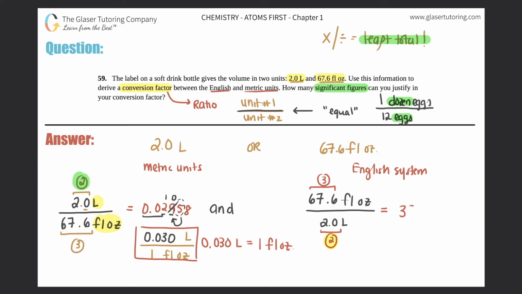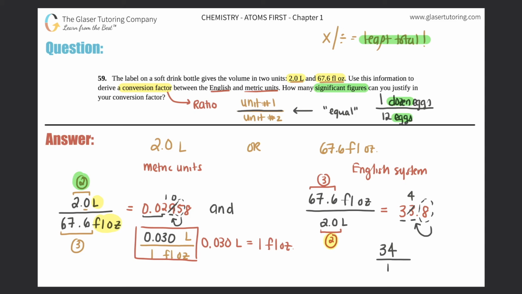But now we have to justify our sig figs. So we will keep the 3 and the 3, but this 8 will tell me that I need to change that 3 to a 4. So it would be 34. But we have to keep it a ratio, so that means I just put this number over 1.